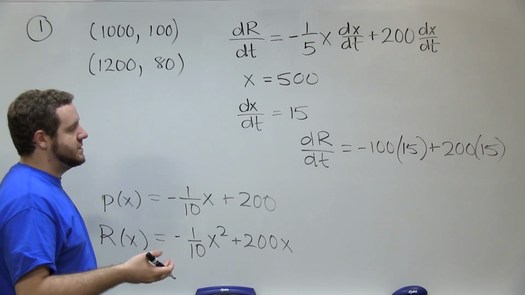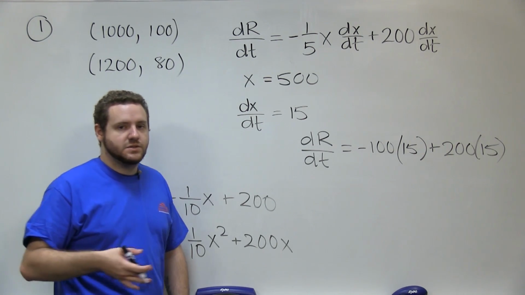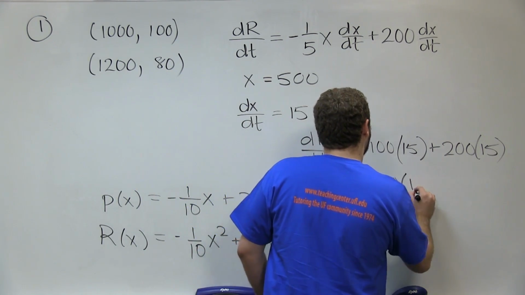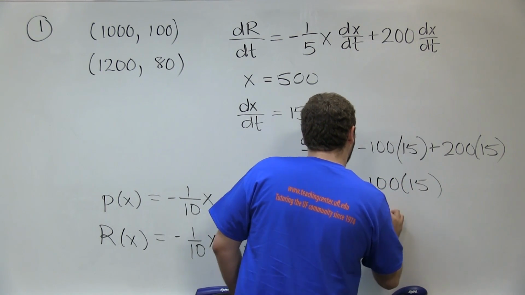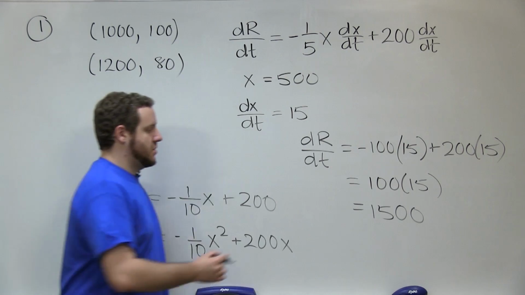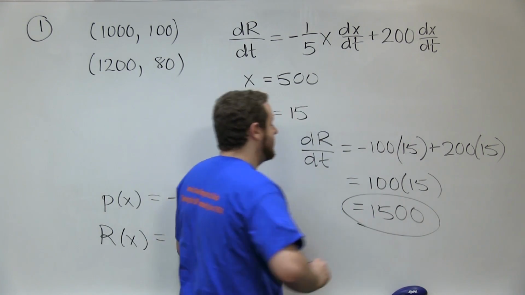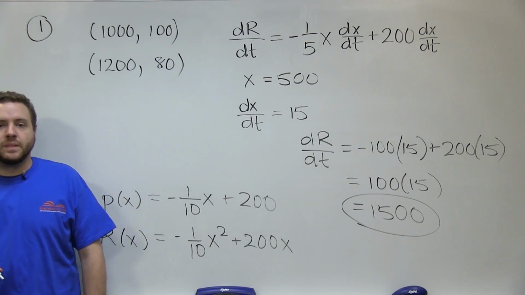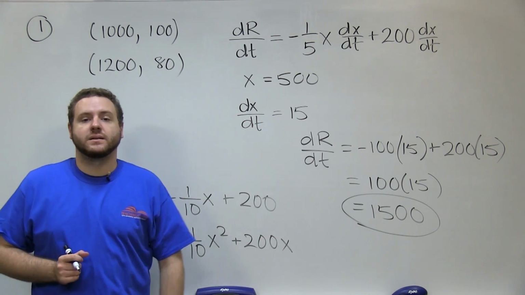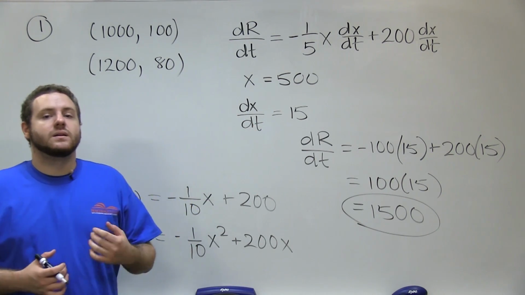So negative 100 times something plus 200 times something is just 100 times something, and 100 times 15 is 1,500. So that is the rate at which our revenue is changing with respect to time when x is 500 and if the rate of change of x with respect to time is 15.